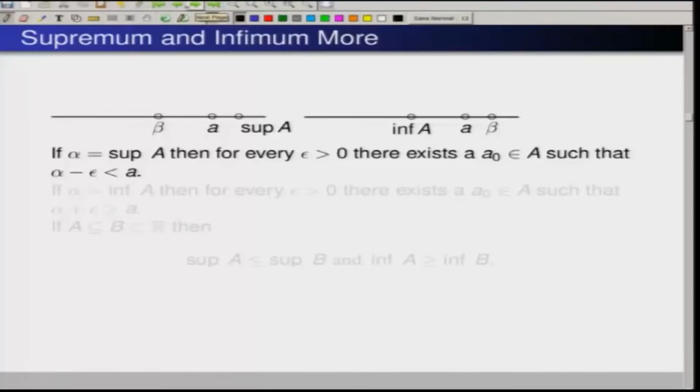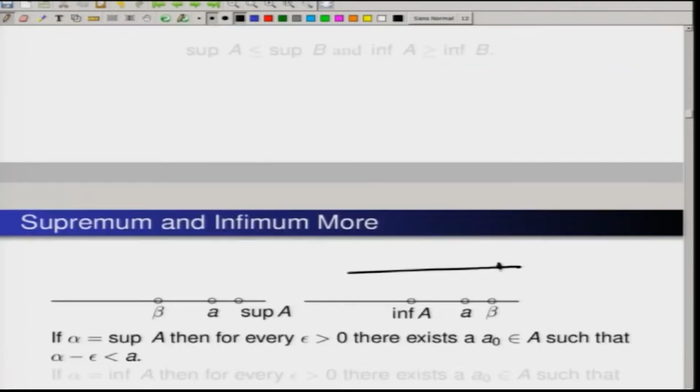In this is what we can write: take alpha to be the supremum of A. Now, you take any positive number, let us call it epsilon. Alpha minus epsilon is definitely less than alpha, however close to alpha you take it, it is going to be a lesser number than that.